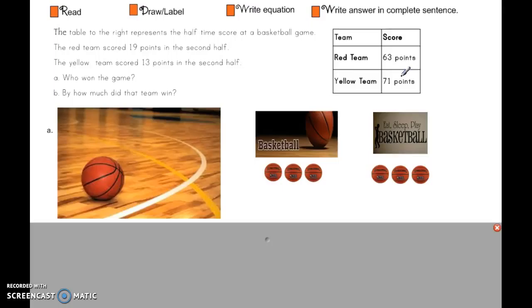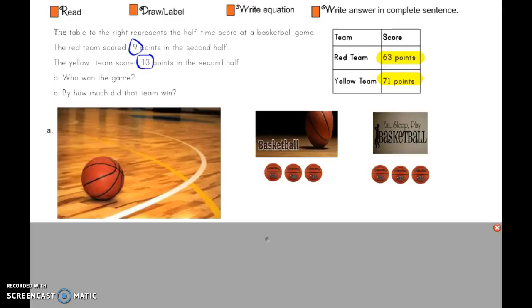So now I want to circle 19 and I'm going to circle 13, because those are two numbers that I see along with my scores at halftime.